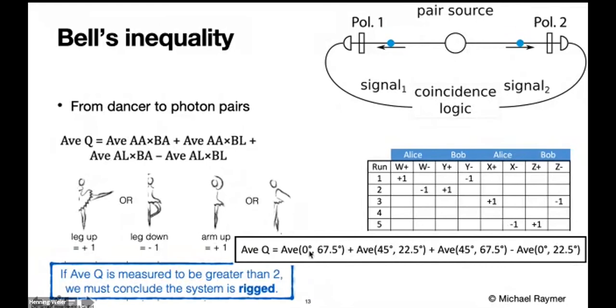So these belong to these polarization rotations that we've already seen before, like 0 degrees is H, and 67.5 degrees is already a little bit closer to vertical. So that was like vertical prime, for example.